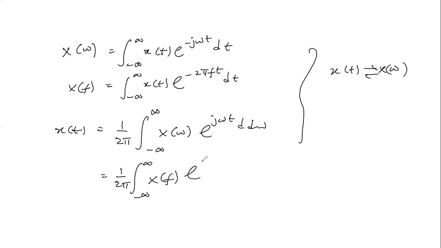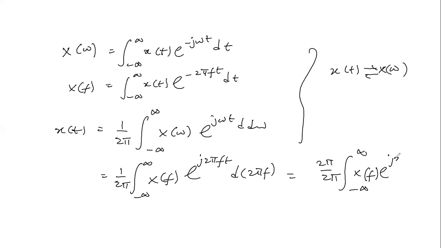So this would be e^(j 2 pi f t) d(2 pi f), right? So the 2 pi comes out. That will be 2 pi over 2 pi times the integral from negative infinity to positive infinity of S(f) e^(j 2 pi f t) df. So this truncates this. So it is also equal to the integral of S(f) e^(j 2 pi f t) df.